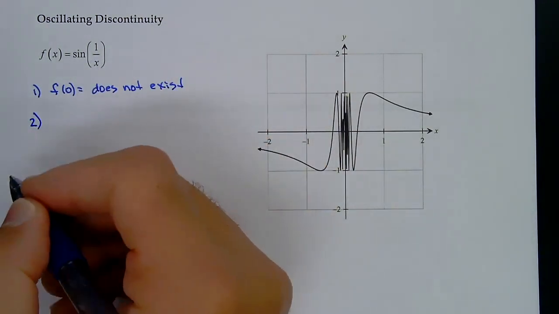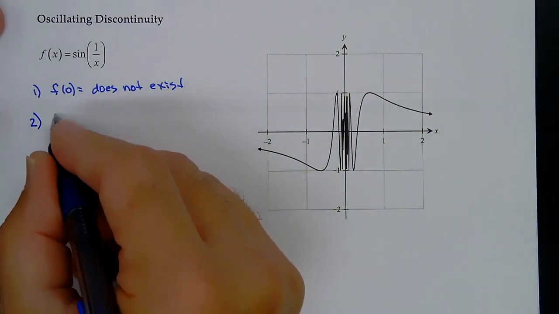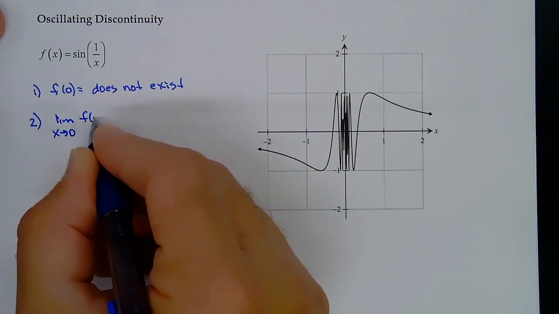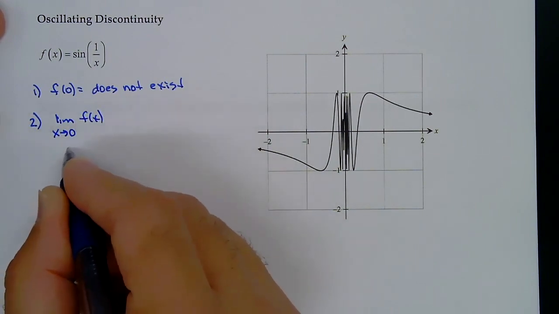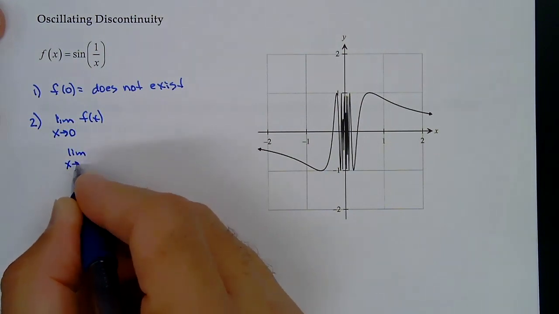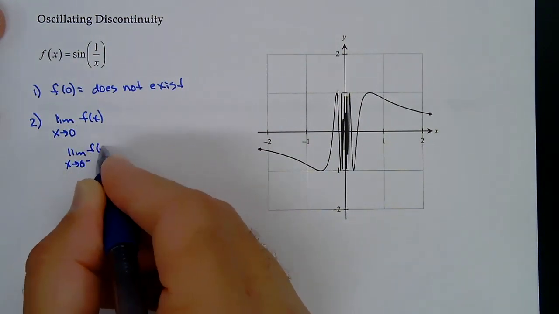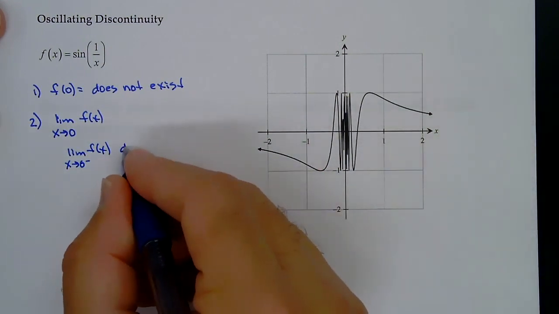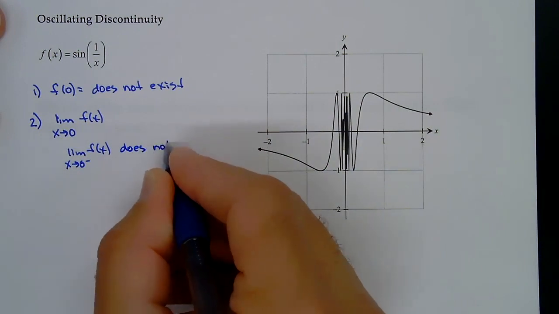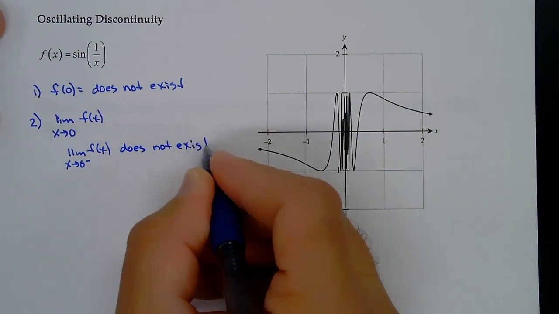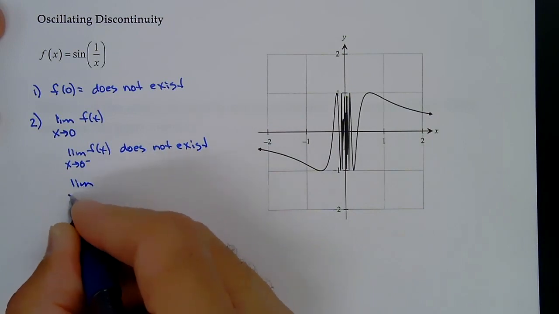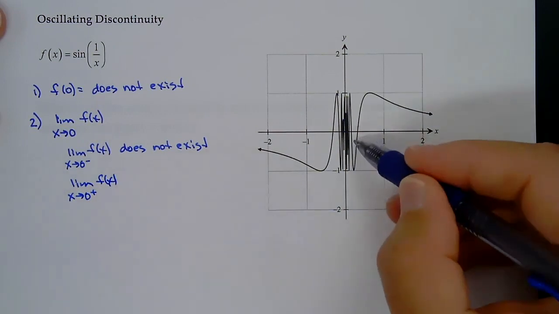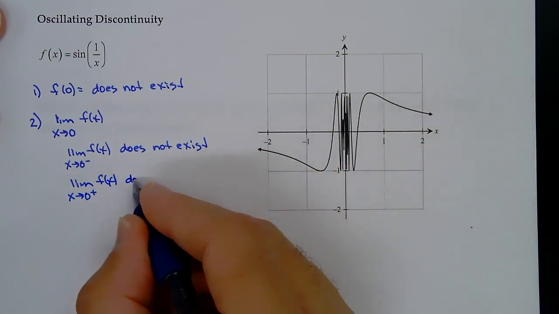And then the second thing is the limit as x approaches 0 of f of x. We'd have to do the limit as x approaches 0 from the left of f of x, and it's just bouncing around, so that means it does not exist. And the limit as x approaches 0 from the right of f of x, from the right it's bouncing around, so it still does not exist.